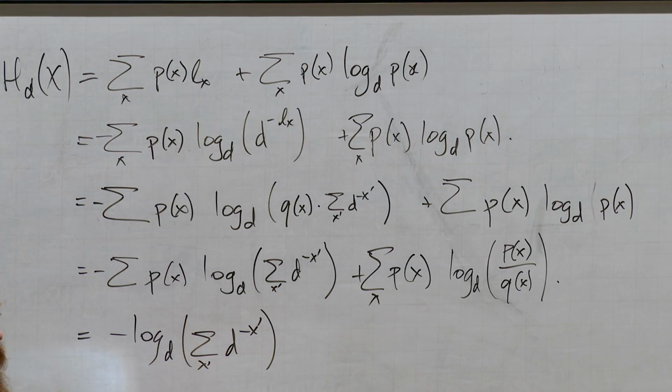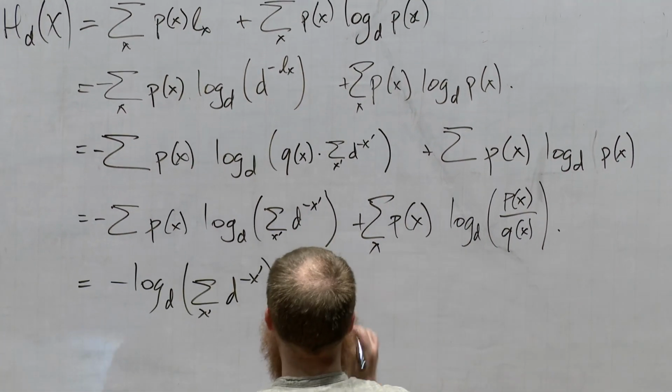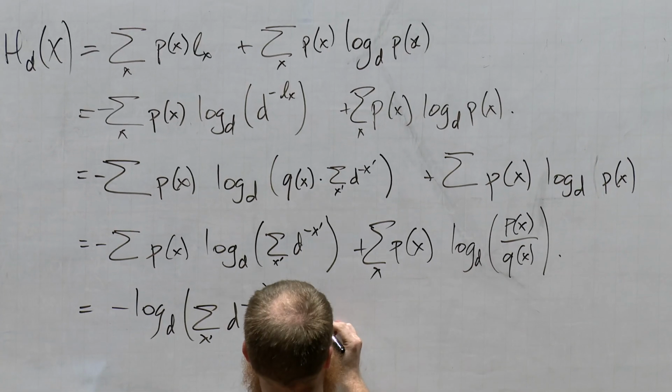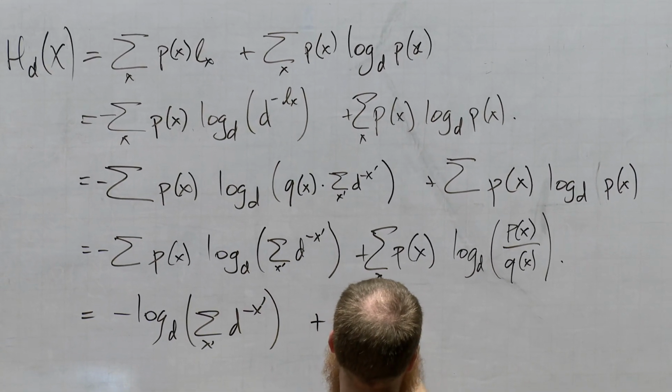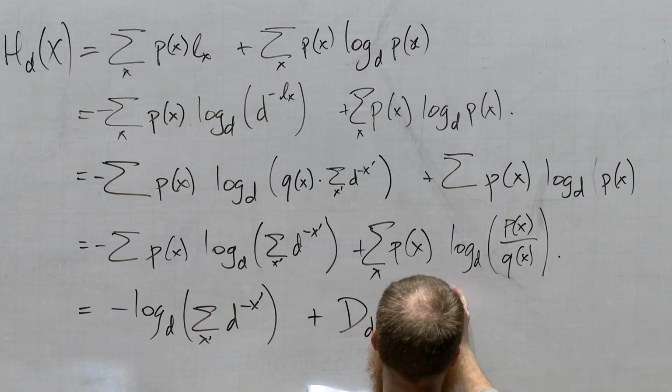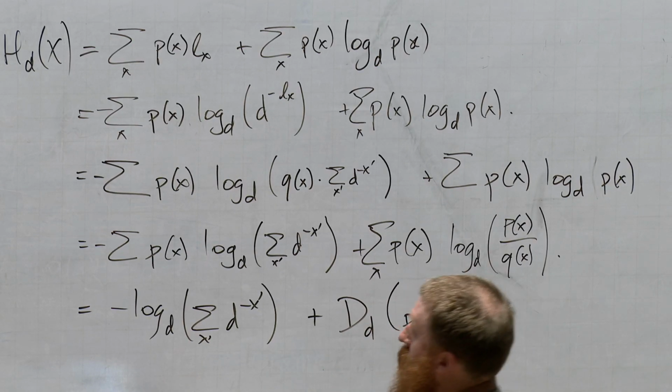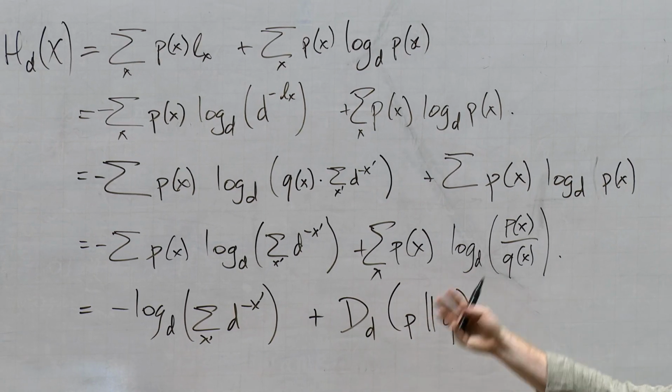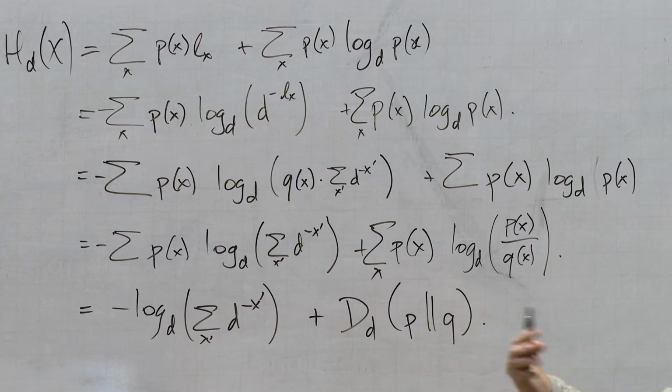That's just a constant. I can't do anything about it. When I'm minimizing, it's just going to hang around. What about this? Well, this term here is exactly the divergence to the base D of p against q, where the divergence to the base D is the divergence where I use logs to the base D.